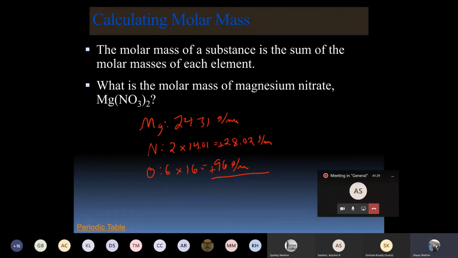And that's going to give me 148.33 grams per mole. Any questions on that? Okay, let's move on here.